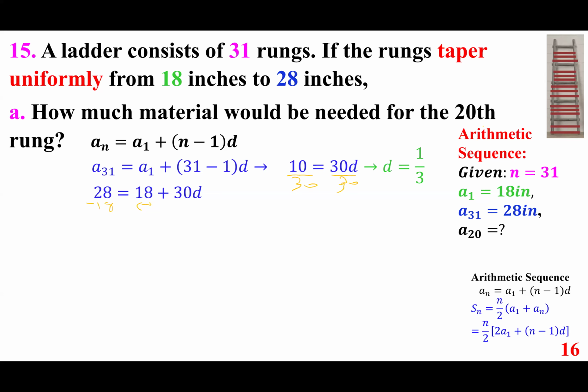And now a sub 20, using the same formula, a sub 20 is a sub 1 plus 20 minus 1 times d.